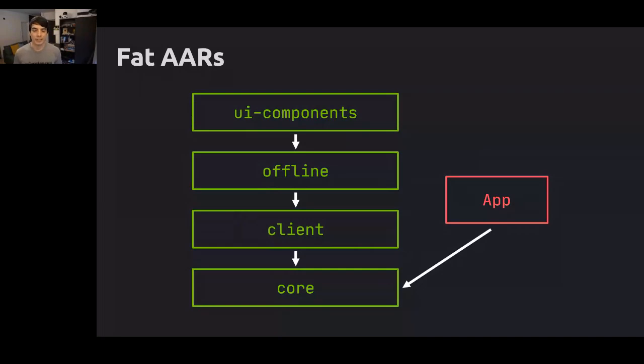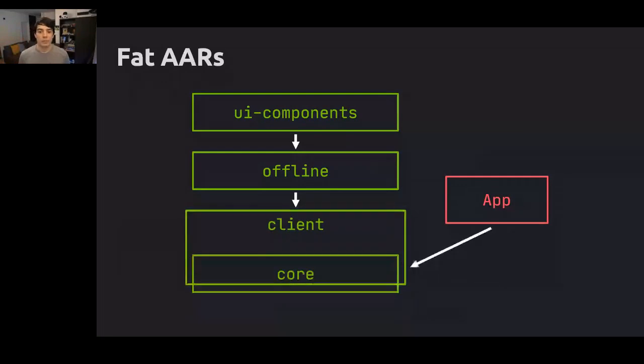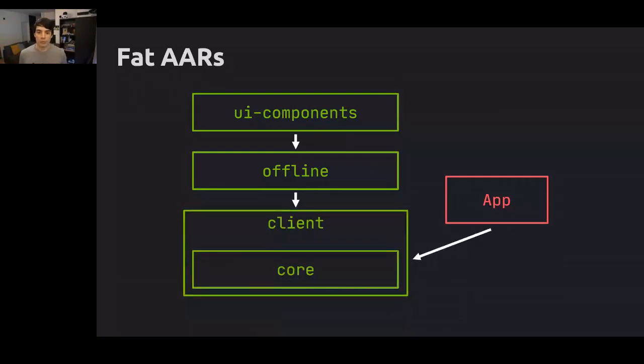What we would really like to do, instead of the client in its POM file including the core module as a dependency, would be to compile all of this together before we ship it. So we could compile a client module that just includes everything that was in the core module inside its classes.jar file and inside its resources, and it doesn't reference a separate core module in its POM file as a dependency anymore.